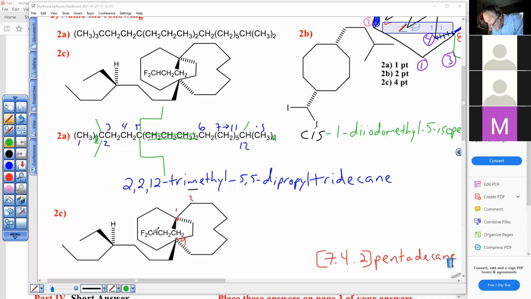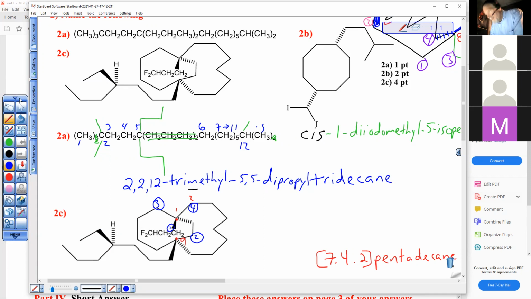What's the heaviest atom attached to this C? A fluorine. What's the heaviest atom attached to this C? A carbon. Which of those two atoms is heavier, fluorine or carbon? Fluorine. That makes this group attached here, number 1, and this group that hit the branch, number 2. This group that hits a branch earlier than this group, 3. And this one that doesn't hit a branch till the 9th carbon, 4.